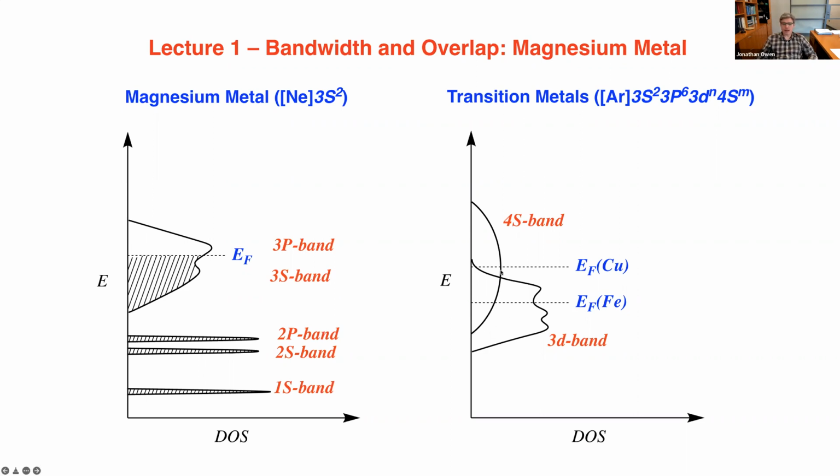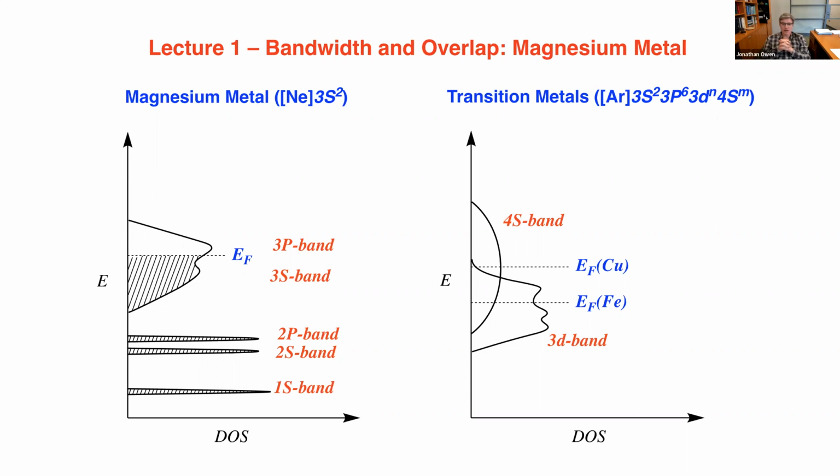Notice here, the bandwidth of the 4s band is large compared to the width of the 3d band. We spent a lot of time talking about how those 3d orbitals are really important for bonding in transition metal complexes because of their energy relative to the ligands. The 4s is higher, but it's also the case that s orbitals are better at covalent bonding than d orbitals are.